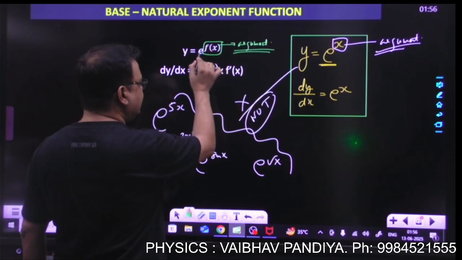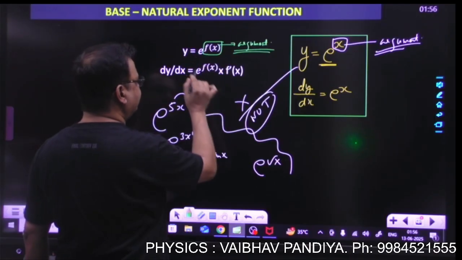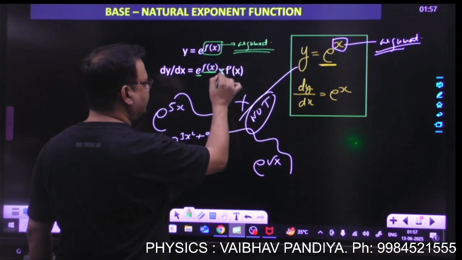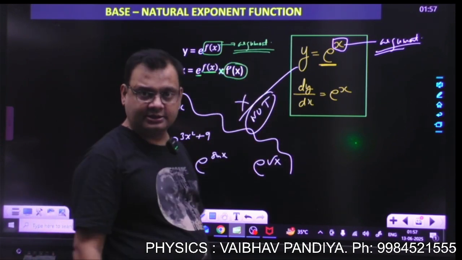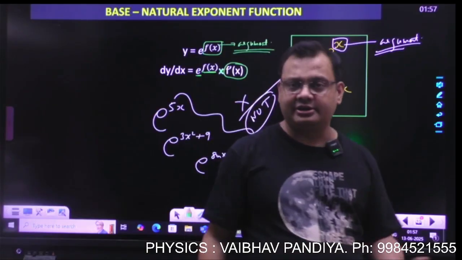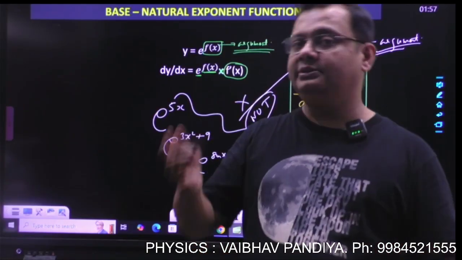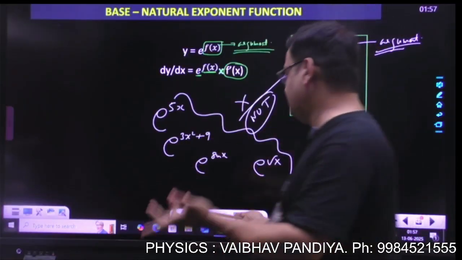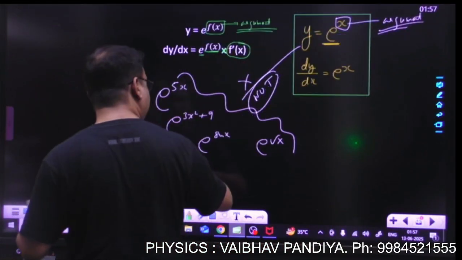So e power f of x's derivative will be e power f of x, same thing. Now we will form the chain, we will multiply with the derivative of the argument. This is the chain rule, correct? Treating the argument as a single quantity, differentiate the function, and then whatever is coming, multiply it with the derivative of the argument. This is the chain rule we have.